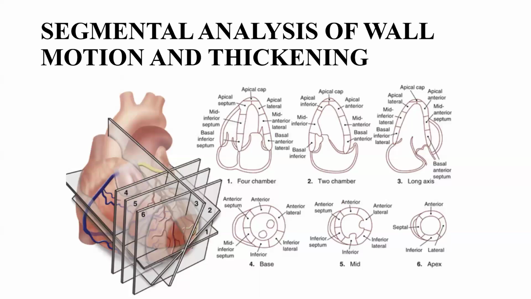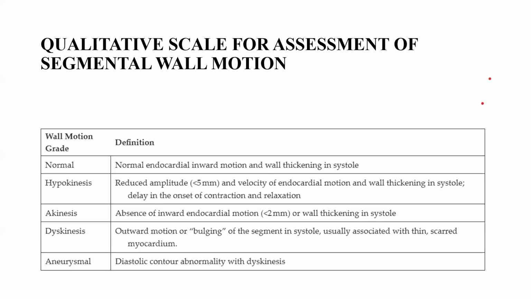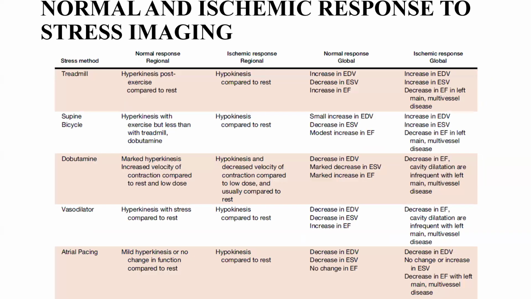This goes further to characterize the parts, just for revision. Now, I've already spoken about this in terms of the grading of wall motion abnormality. Now, this also talks more about the response in the various modalities when it comes to the stress. We can look at this later.